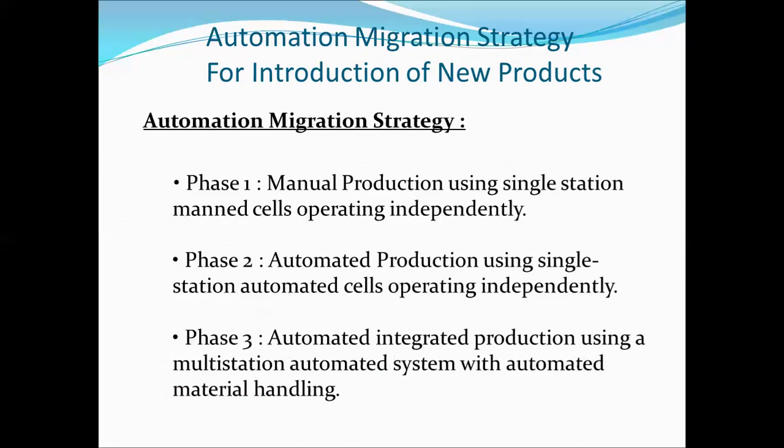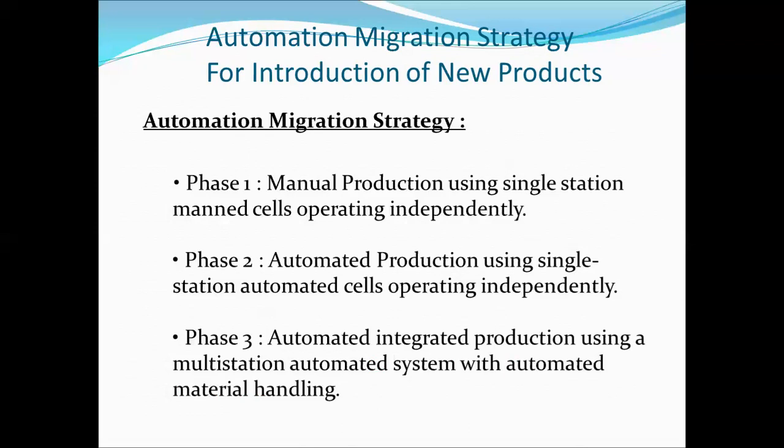Third phase is automated integrated production using a multi-station automated system with automated material handling. So in these three steps, the first step is used for the introduction of the new product for the reason I have already mentioned, the quick and low cost tooling to get started.